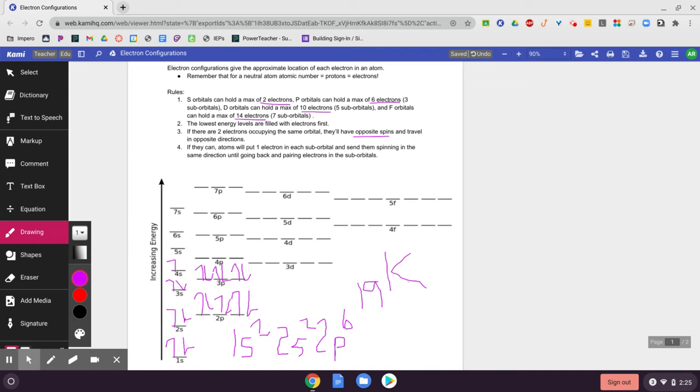Then we filled the 3s orbital with 2 more electrons, so 3s2. Next came the 3p orbital that we put 6 electrons in, so 3p6. And last but not least, we didn't fill, but we put one final electron in the 4s orbital, 4s1. And that is the electron configuration for potassium.